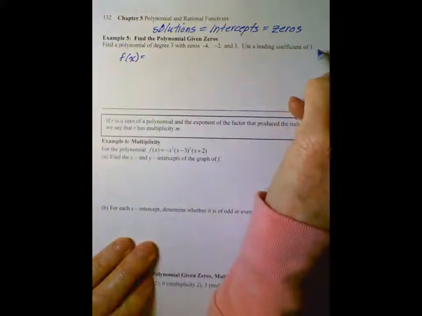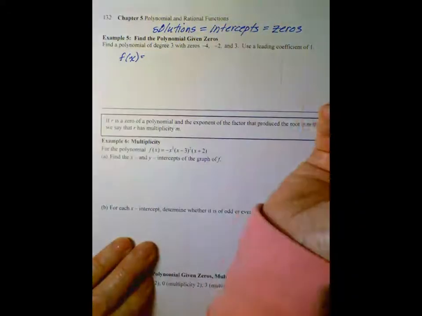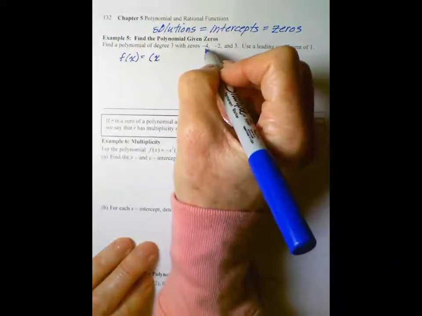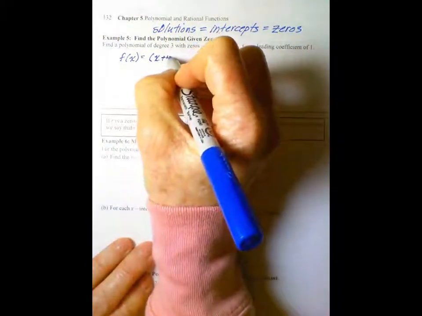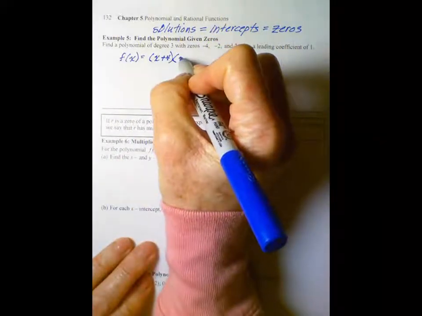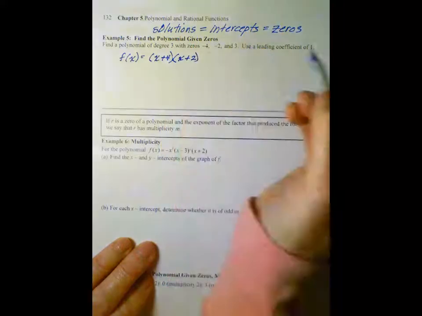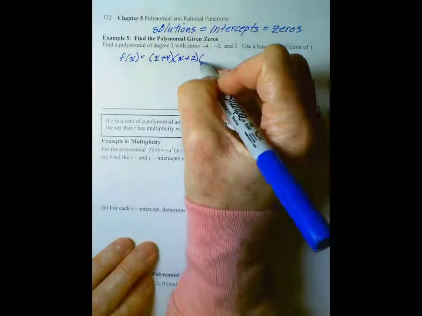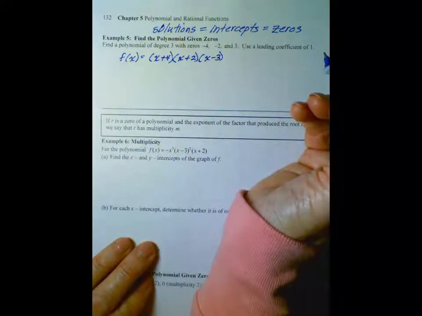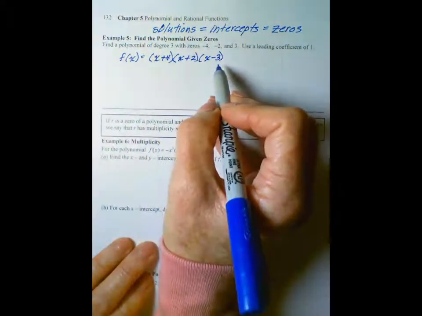Our leading coefficient is 1, so I don't need to write 1 times. I know I have a factor of x minus -4, which would be x plus 4. I know I have a factor of x minus -2, or x plus 2. And I know I have a factor of x minus 3.